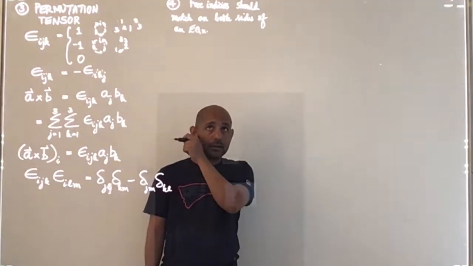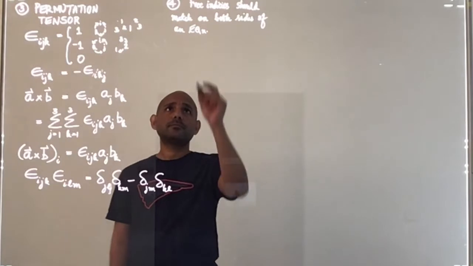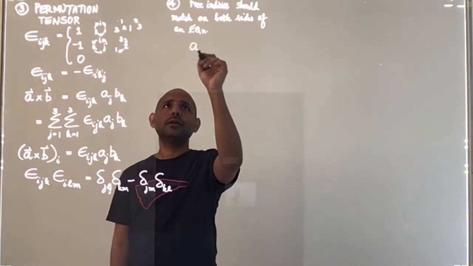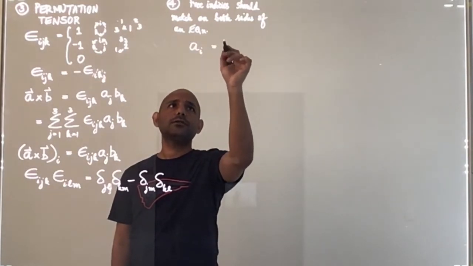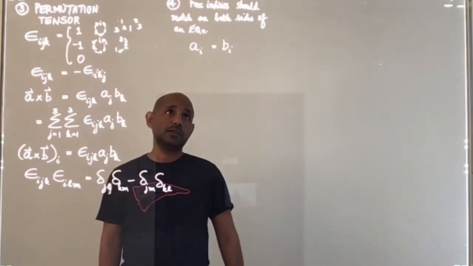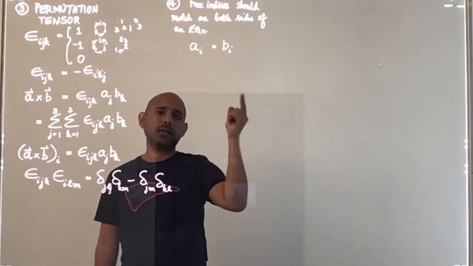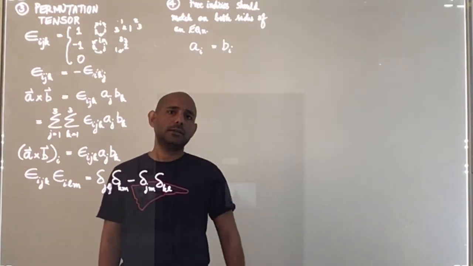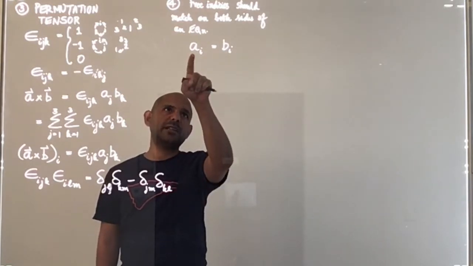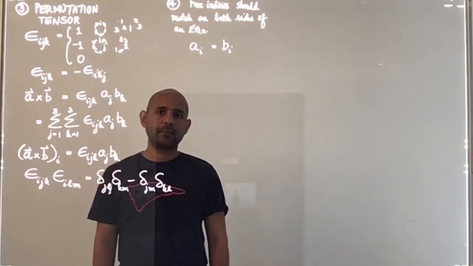Okay? By that I mean, if you have an expression that says Ai is equal to Bi, that is fine. Free index is I on the left, free index is I on the right. This is saying vector A is equal to vector B. Okay?